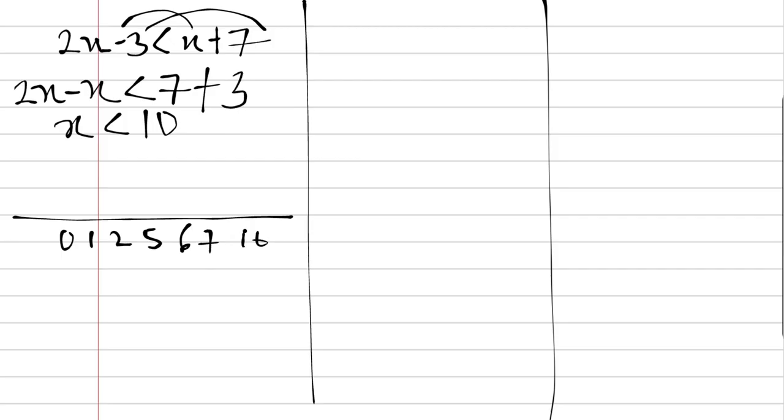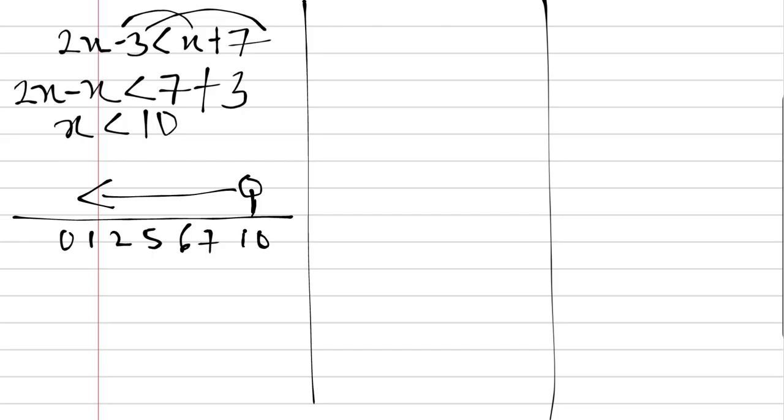We are just labeling it anyhow, but on a normal line, you label it accordingly: 1, 2, 3, 4, 5, 6, 7, 8, 9, 10. So now this is 10. It's coming from 10, less than, so the values will be less than 10. So this will be the representation on the number line.